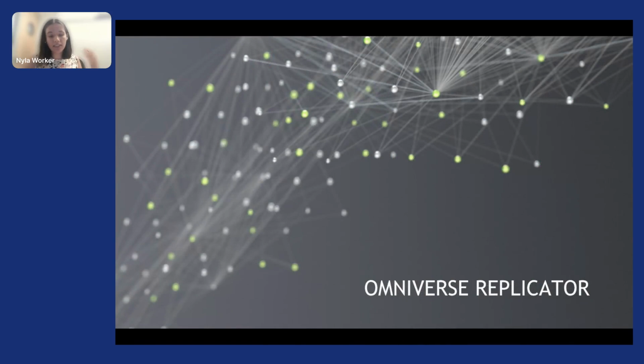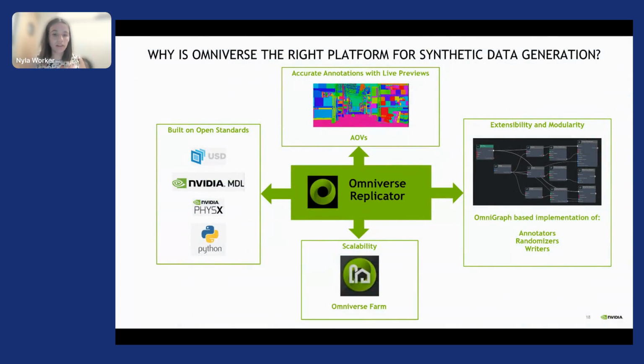But with that in mind, let's jump in and talk about what does Omniverse Replicator provide to you. So Omniverse Replicator is built on top of Omniverse. And why is Omniverse useful to you? So Omniverse is useful to you because it's built on top of open standards. USD is becoming the standard in the graphics world, which means that there are more and more 3D assets coming into it.